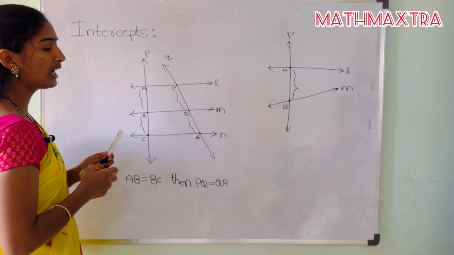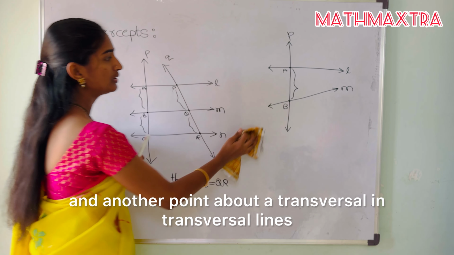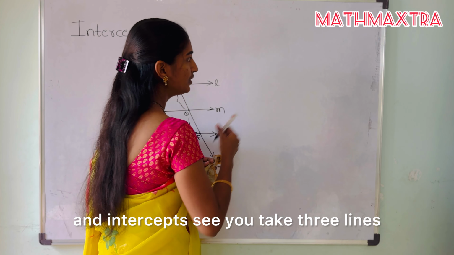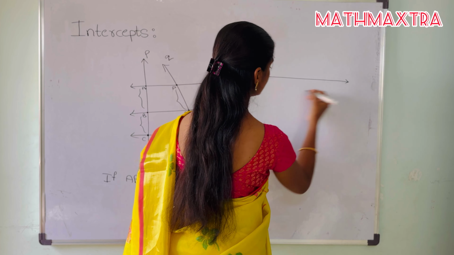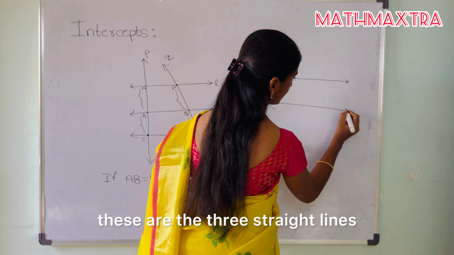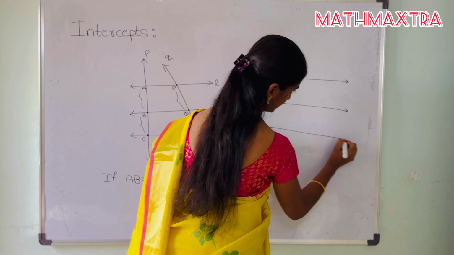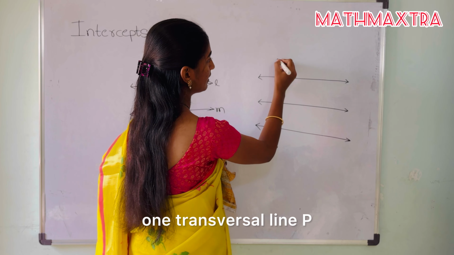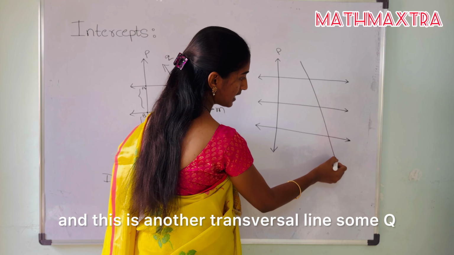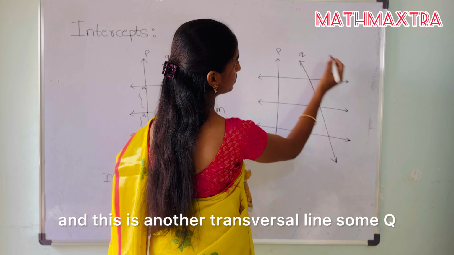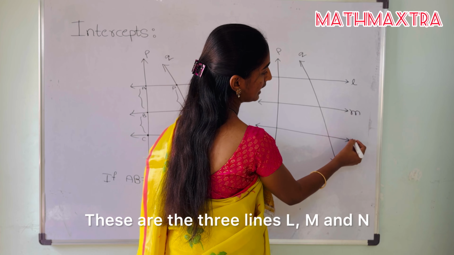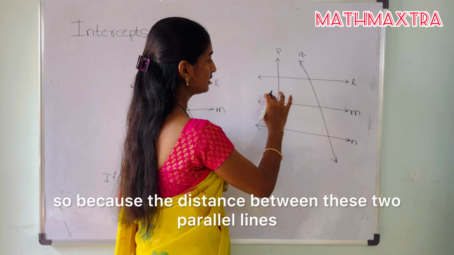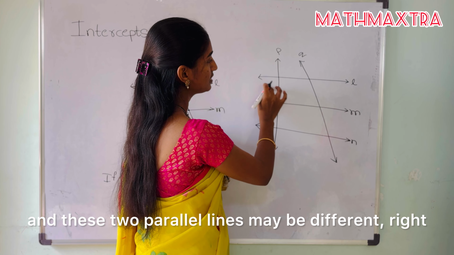Another point about transversal lines and intercepts. Take three lines, L, M and N, with one transversal line P and another transversal line Q. The distance between these two parallel lines and these two parallel lines may be different.